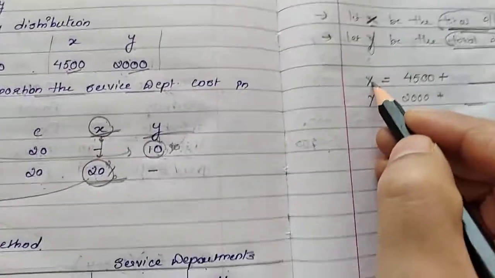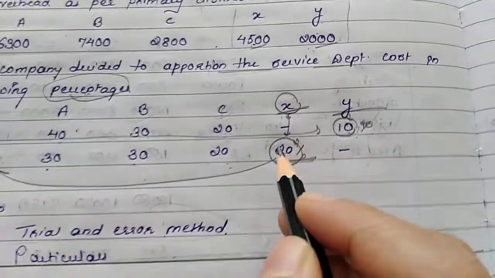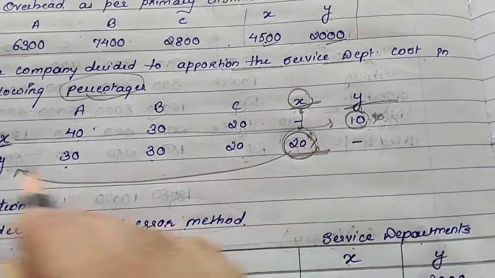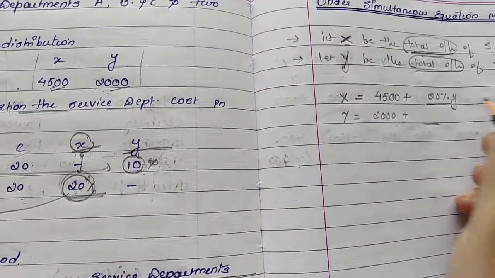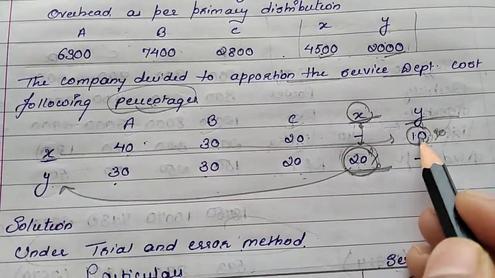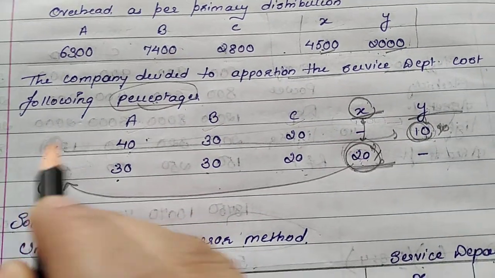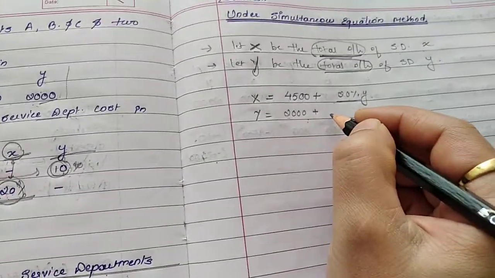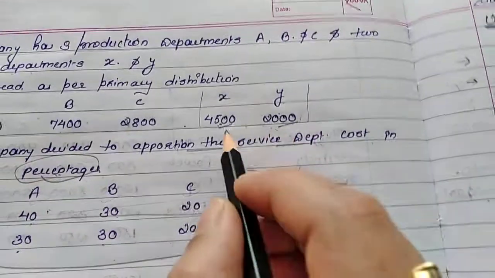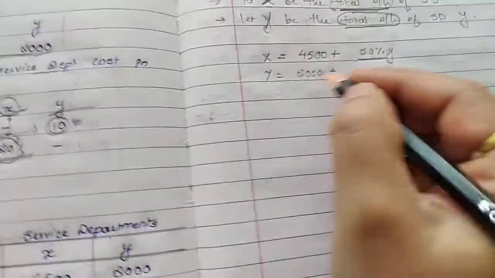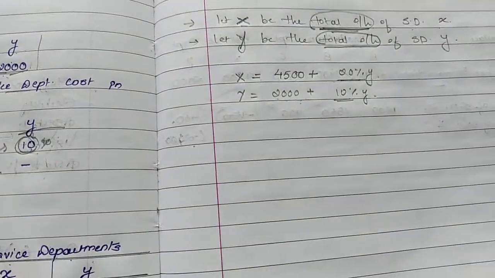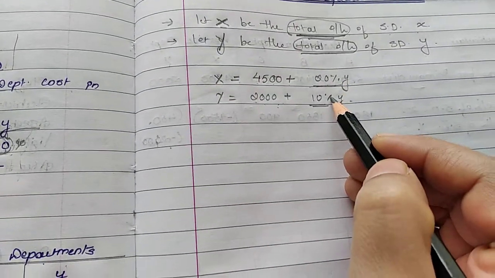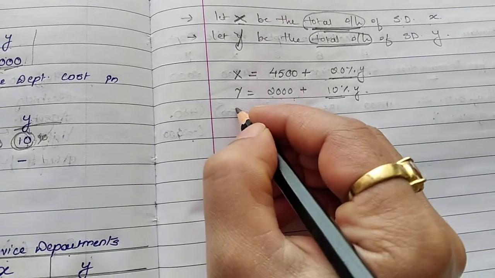So my X will be 4500 plus 20% of Y, so plus 20% Y. Similarly, my Y is getting 10% of X, so 2000, given in the primary distribution, plus 10% X. Now if I remove the percentage symbol, what will I get?